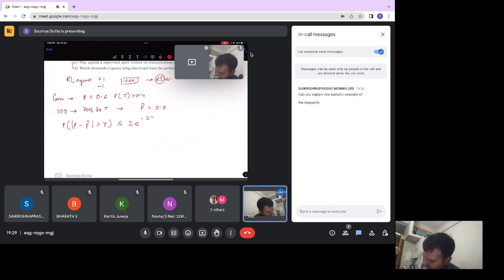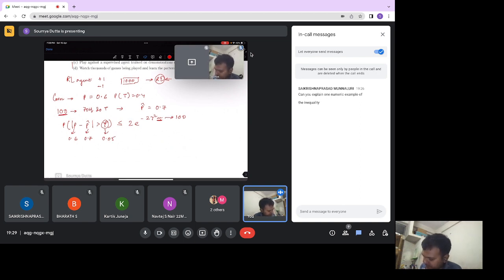Here m is 100 because you have taken 100 tosses. p you know to be 0.6, p hat you have calculated to be 0.7, and gamma is something that you want. Let's say you have 0.05.